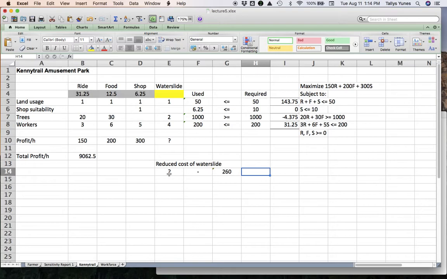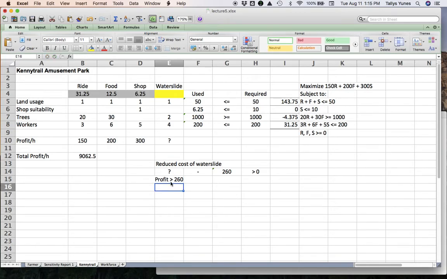So I would like this calculation to be greater than 0, right? Because that means the water slide has a positive impact to my profit maximization. Therefore, for a number minus 260 to be greater than 0, that number has to be greater than 260.